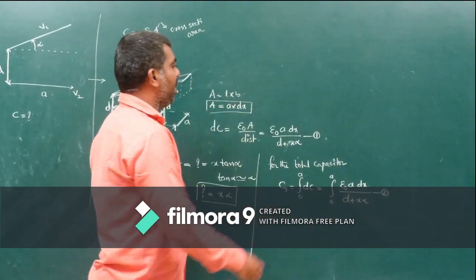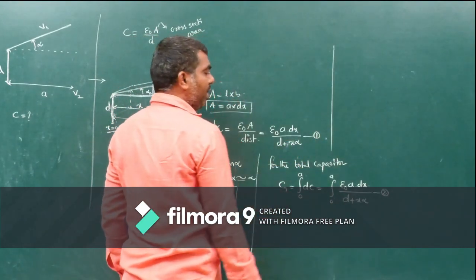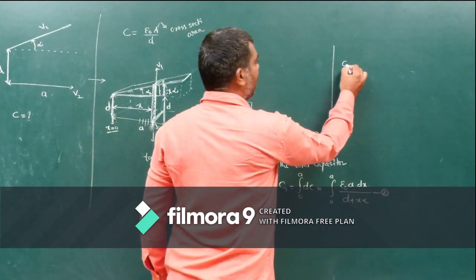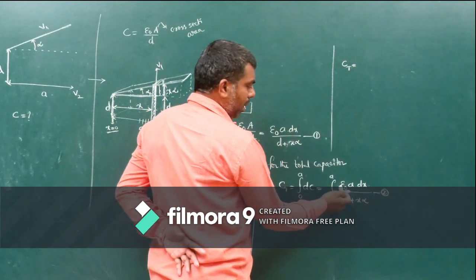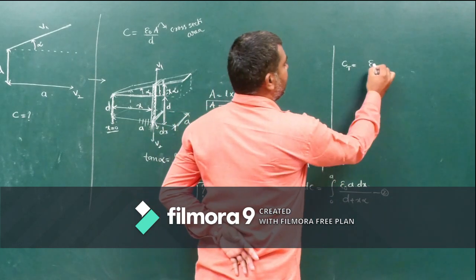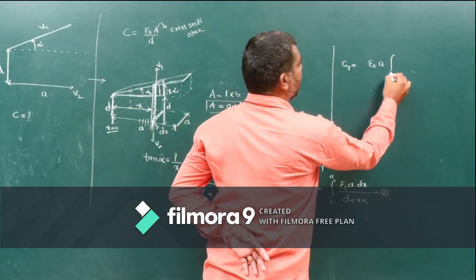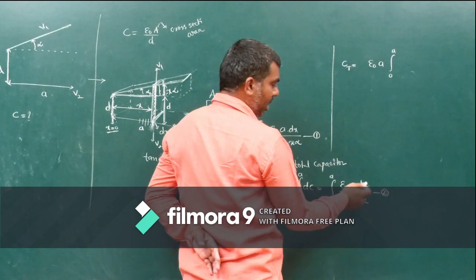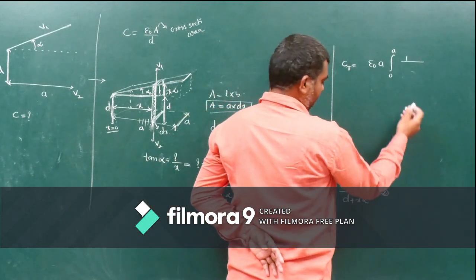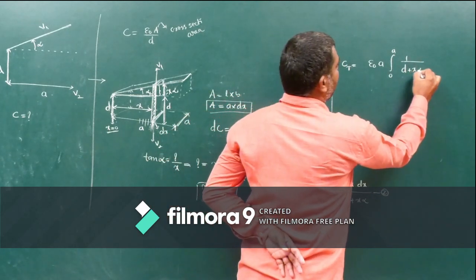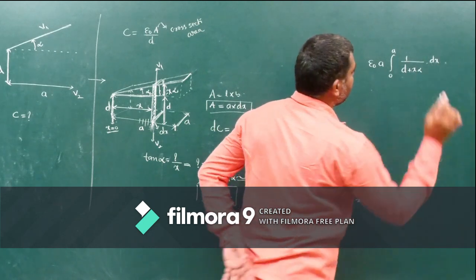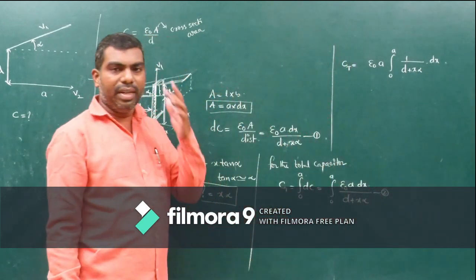Let us apply integration only for the variable part. C total is equal to epsilon naught a times the integration from 0 to a of 1 by d plus x alpha into dx. This is the part we are going to integrate.